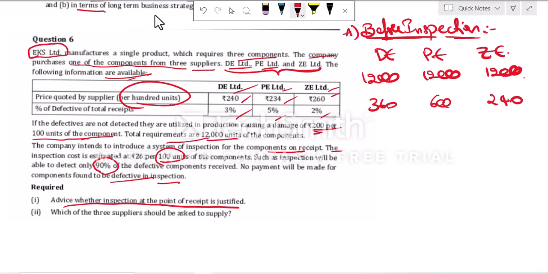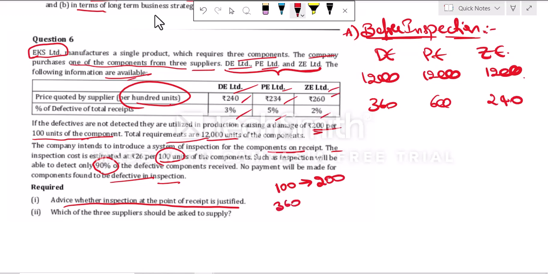Now they will incur two costs here. One is defective cost. How much? 200 per 100 units of component, means 360 into 200 divided by 100. See, for 100 units it will be 200.